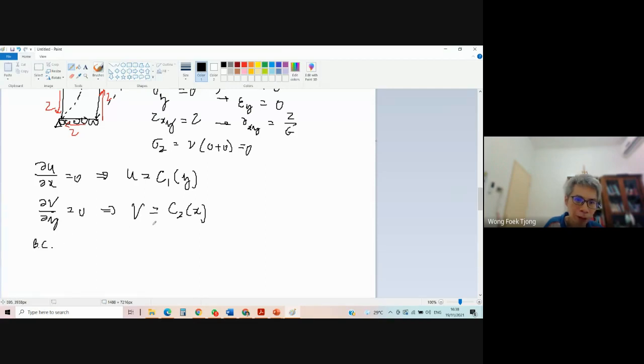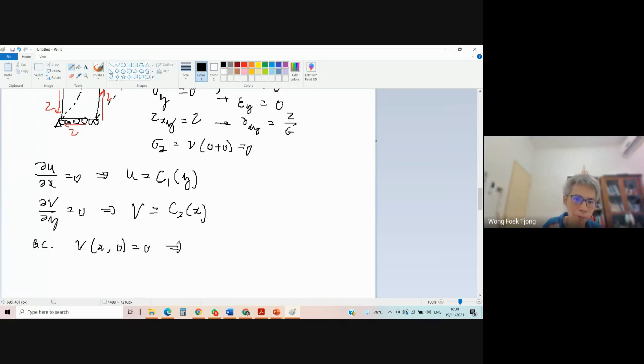I think we can begin from here because we know that along the bottom edge, because that's a roller, it means to prevent the vertical displacement, right? These material points cannot move vertically, so v along any point at x, but y equals 0, is 0.